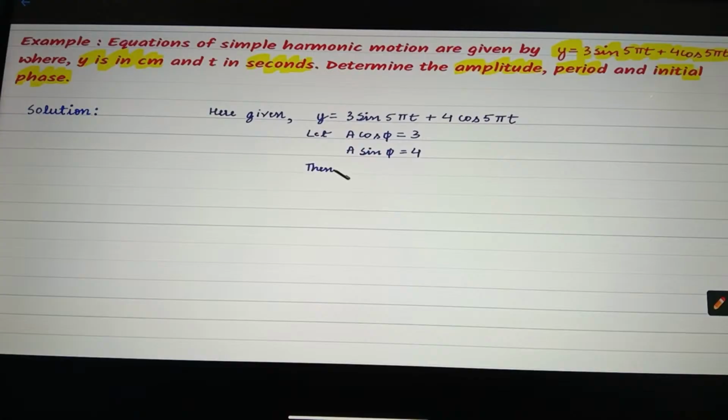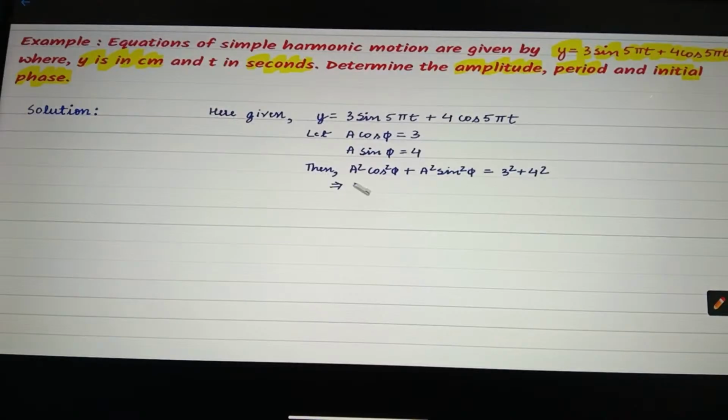Then on squaring and adding, we have A square cos square phi plus A square sine square phi is equal to 3 square plus 4 square.